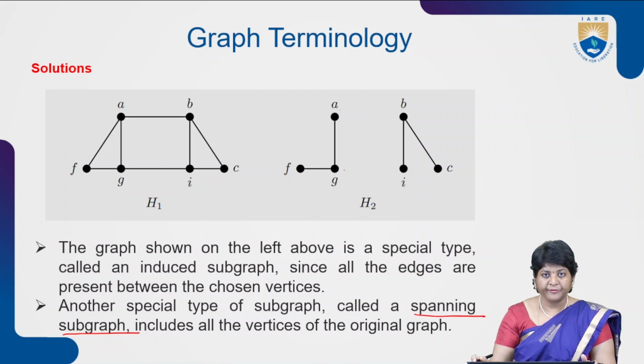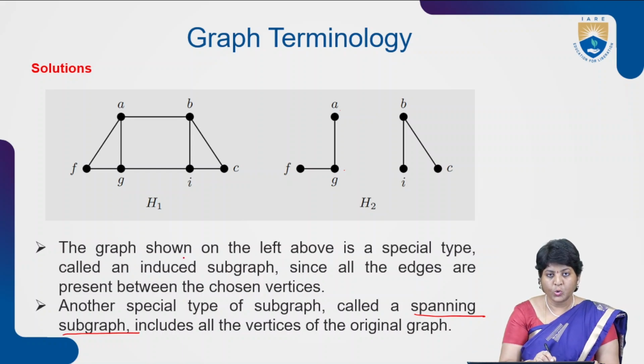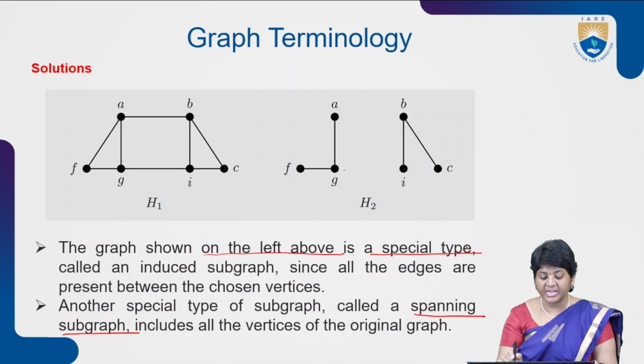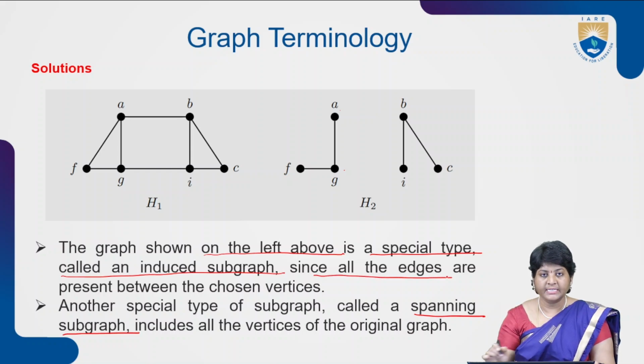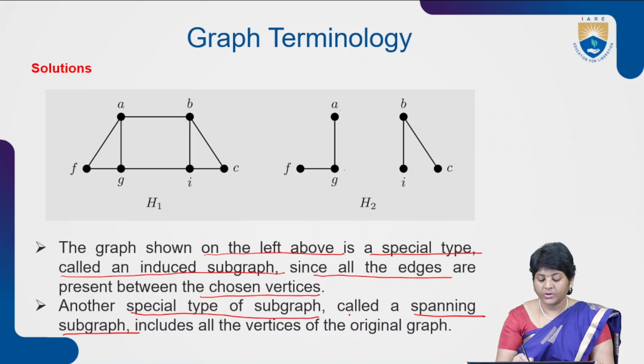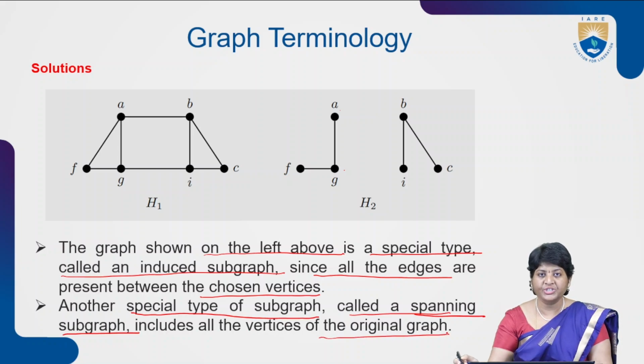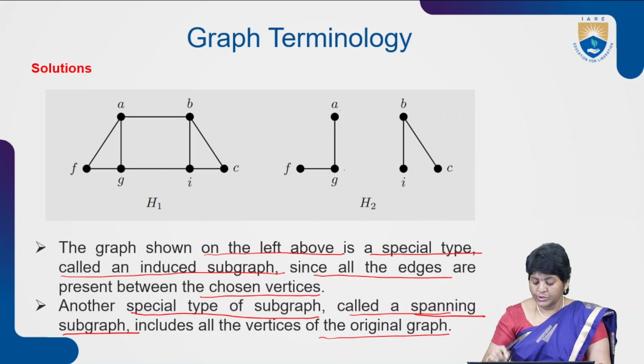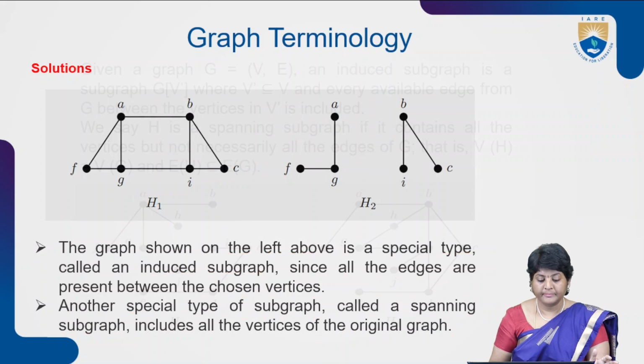So here we will see the definition. The graph shown on the left above is a special type called an induced subgraph, since all edges are present between the chosen vertices. And the second one, a special type of subgraph called a spanning subgraph, includes all the vertices of the original graph. So the spanning subgraph and induced subgraph are the two subgraphs of the main graph.